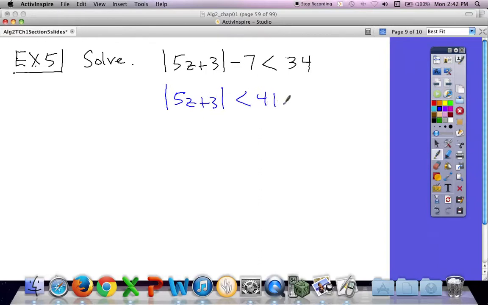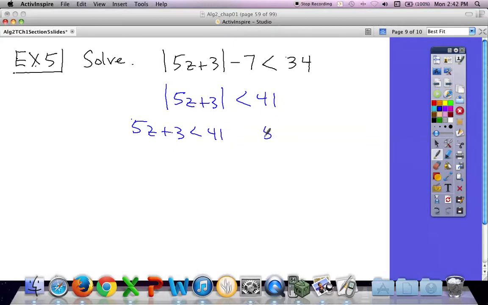Okay, we still need to isolate it. But in the breaking down, I find a lot of times, even if I never said do it, you do it this way anyway. And I don't know whether it's just because you make the association with the equations and the greater thans, or because you were taught differently in the past. But a lot of students, when they break this down, they say 5z plus 3 is less than 41.